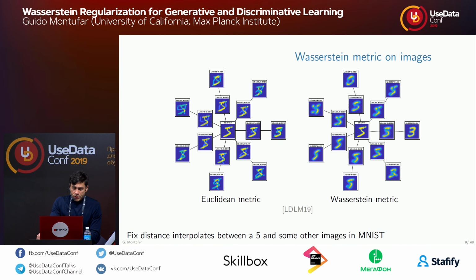This is another illustration for this phenomenon. What we did here was to take an image from the MNIST dataset, and try to compute the interpolates between that image and some other images from the dataset, and see what a ball or a sphere around it would look like. On the left-hand side, you see the interpolations between a digit 5 and some other digits, like a 3 or a 7 or an 8.